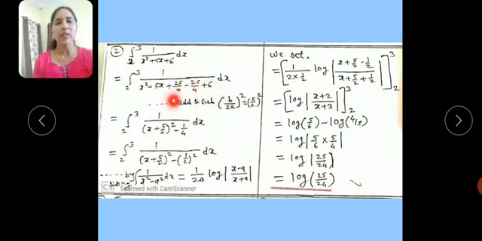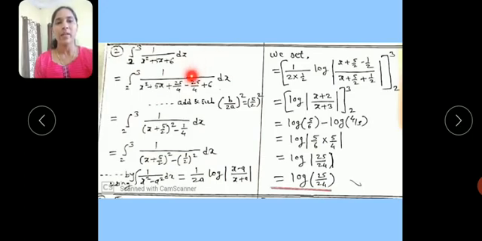How to calculate this 25 by 4? Here, comparing x square plus 5x plus 6 with ax square plus bx plus c, we get a is equal to 1, b is equal to 5, c is equal to 6. Here (b divided by 2a) square is equal to (5 by 2) square, which is equal to 25 by 4.